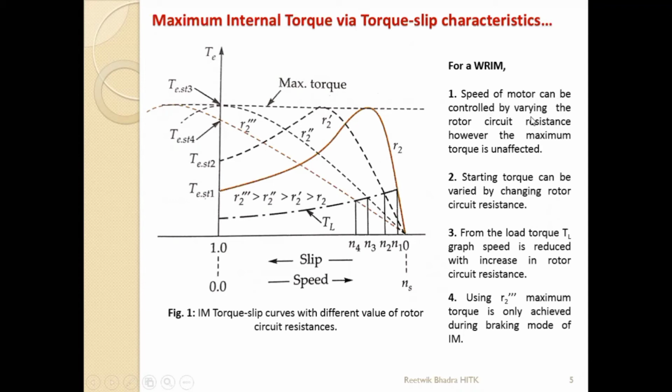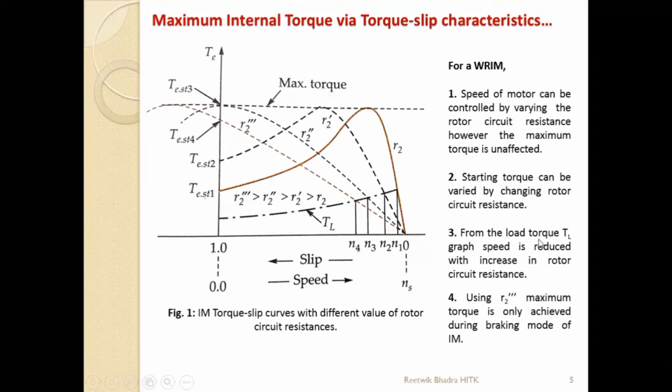So that's what I've written in the first point: speed of the motor can be controlled by varying the rotor circuit resistance. If you go on increasing the resistance, there will be a slight drop in the speed of the motor from no load to full load. But maximum torque is unaffected. Starting torque is obviously changed by varying your rotor resistance; we'll come to that.